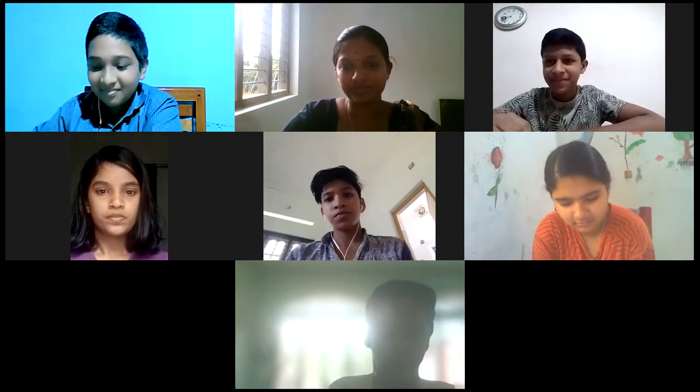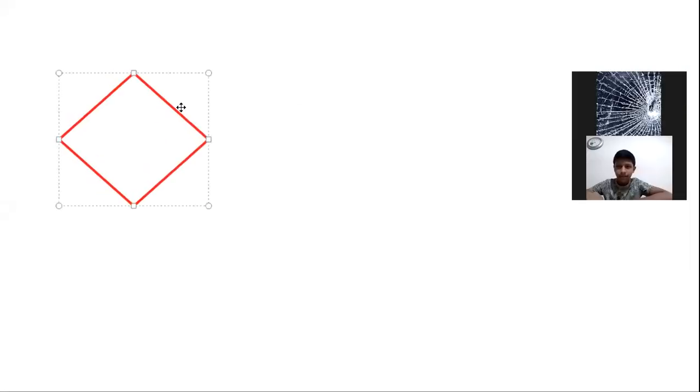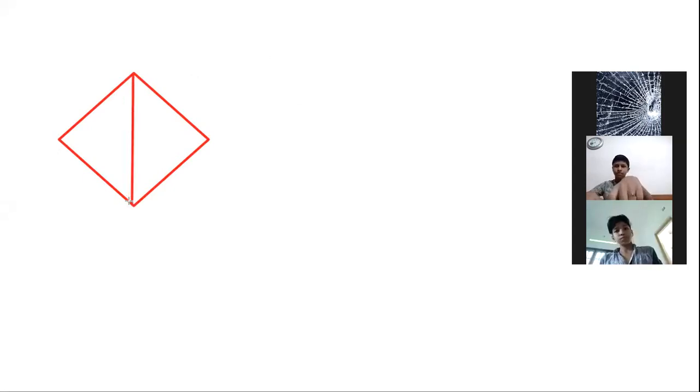Then first of all we have to draw the triangle ACD. How will you draw the triangle ACD? Before that, I am just drawing the rough figure. I think you have all drawn the rough figure. And also we need 2 diagonals. Then what is the name of this quadrilateral?